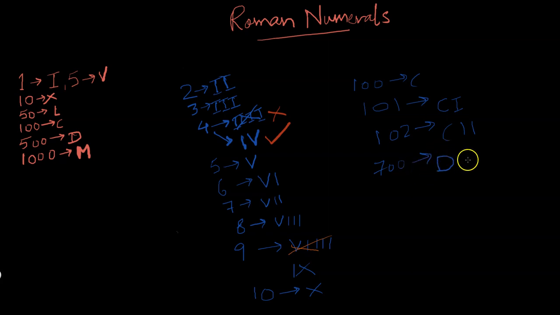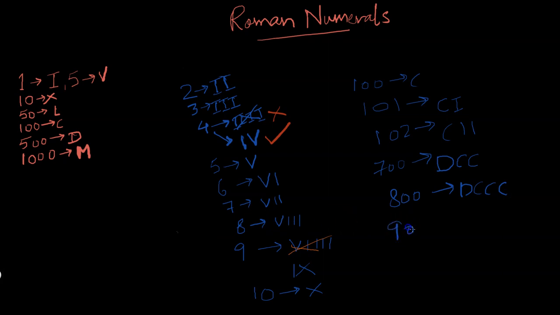So I'm going to write C and C, so that makes it 700. What about 800? We have the 700 here, so we can just copy that, DCC, and we need 1 more 100. So D triple C is 800.